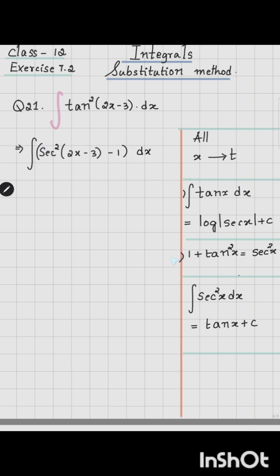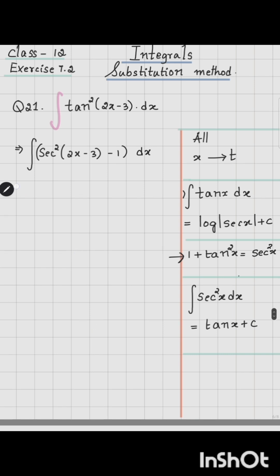By applying this formula, this can be written as the integral of secant square (2x minus 3) with respect to x minus the integral of 1 dx. Now we changed from tan square to secant square. So now we will do the substitution method. Let 2x minus 3 equal t.